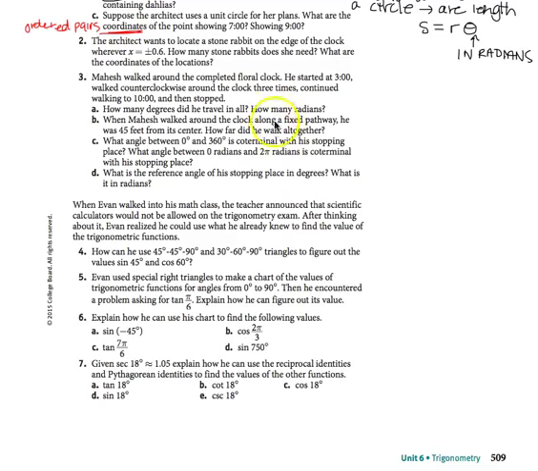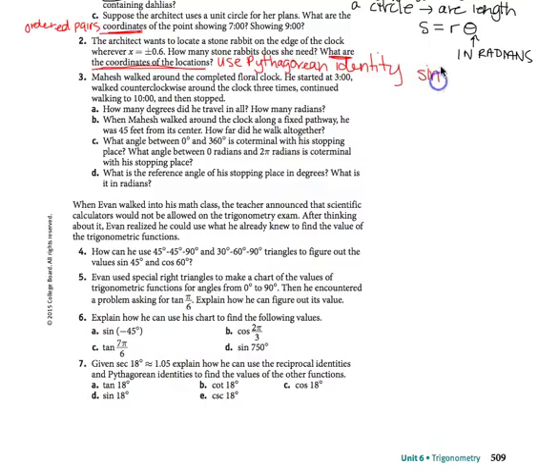So on here, for this part, what are the coordinates of the location? For that, we are going to use the Pythagorean identity, which is what we did in section 33.1.